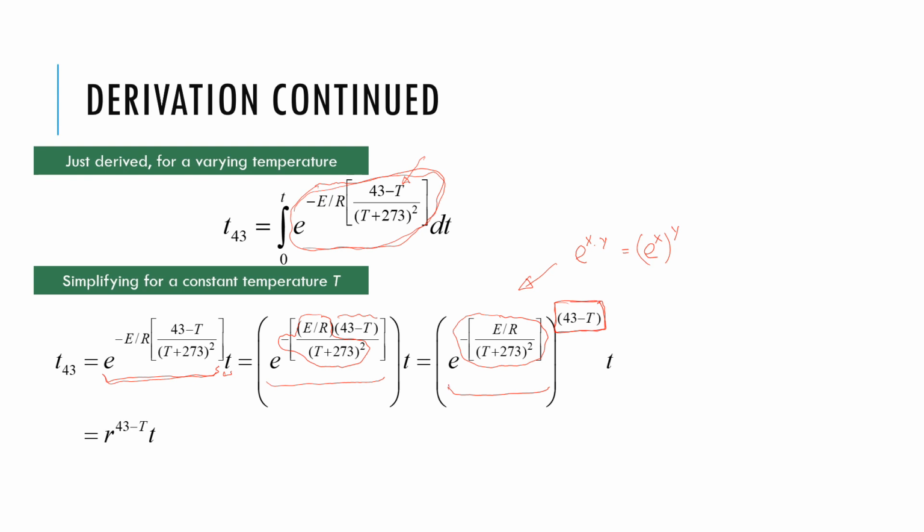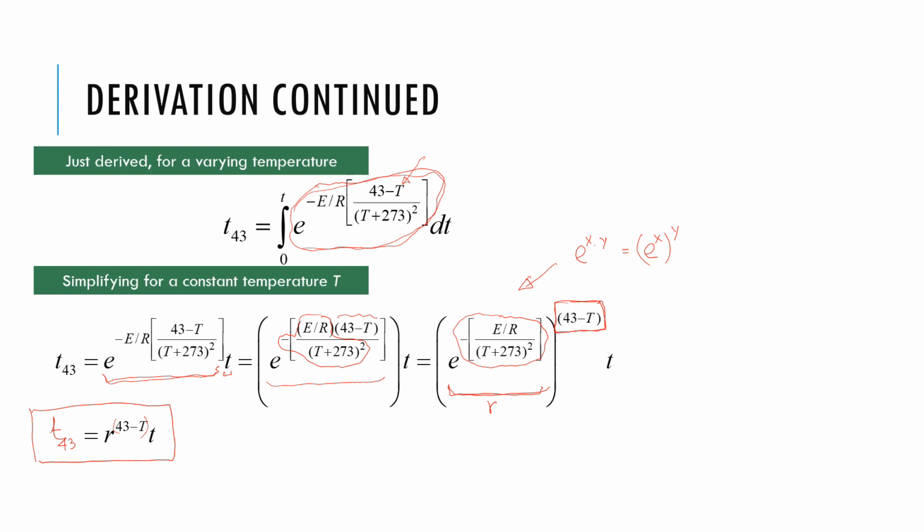And now we call this part R. So that leads to my equation as T43 equal to R raised to the 43 minus T times T, which is what we wanted to show.